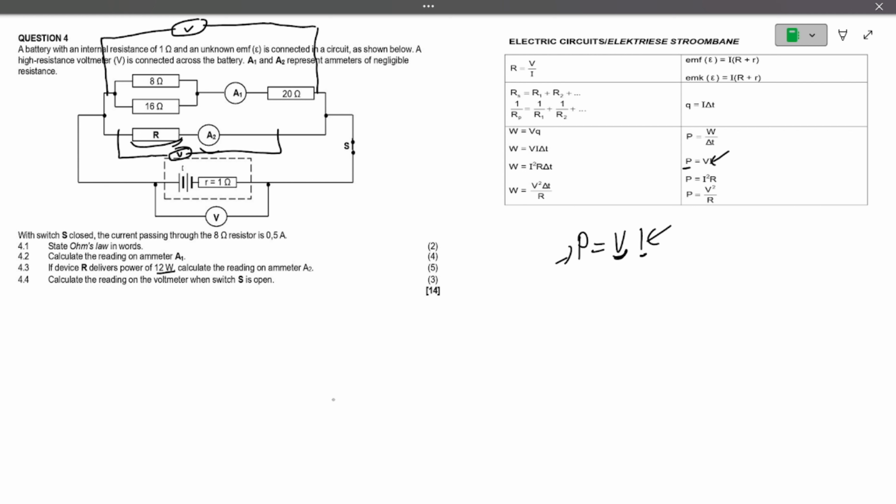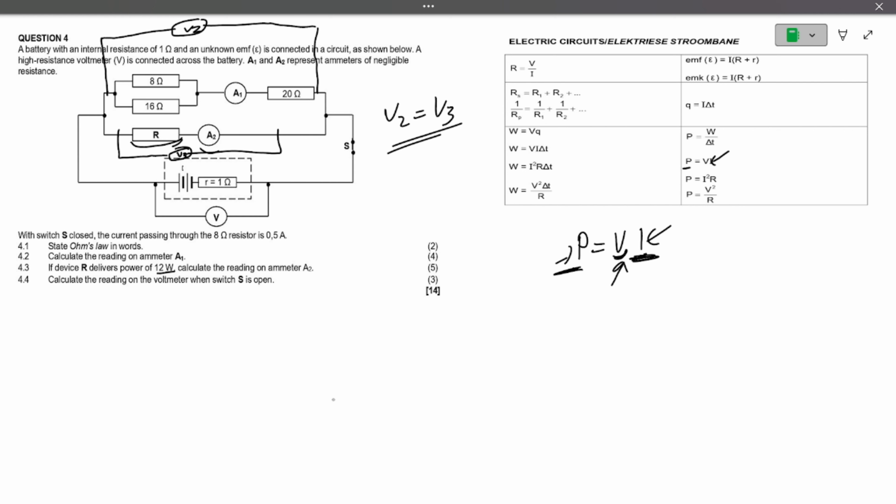So this V3 and V2 will always be equal, because the voltage across the parallel branches is always the same. So we can just use this resistor and the information that we know here to get the voltage, and this voltage will be the same as this one here, and then we just come and substitute the voltage here. We have power, and just get the current reading of what? Of A2.